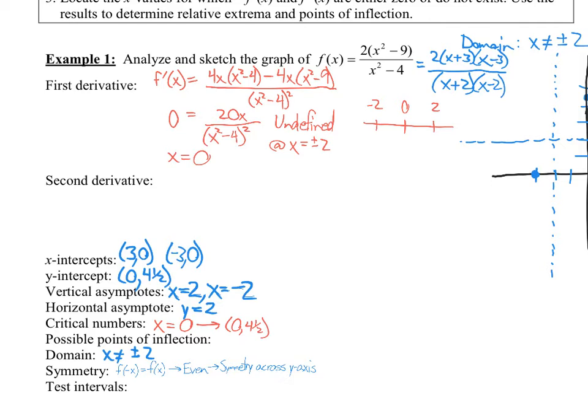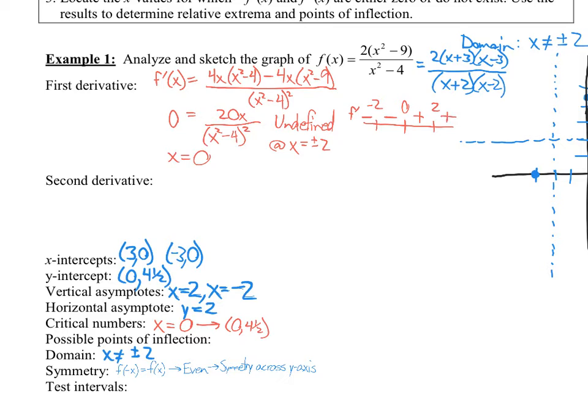So here we're looking at the first derivative, so we're talking about direction. If we were to plug in a negative number, we'd have 20 times a negative over something squared, which is always positive, so it's going to be negative. We get the same thing if we plug in something between -2 and 0. If I plug in a positive one, I'm going to get 20 times a positive over positive in both of these areas.